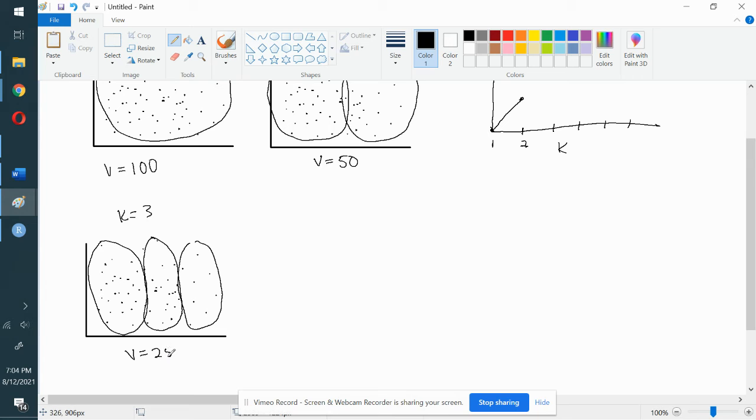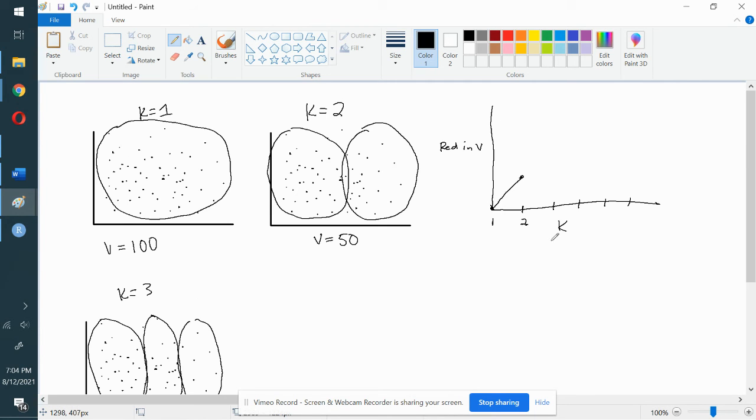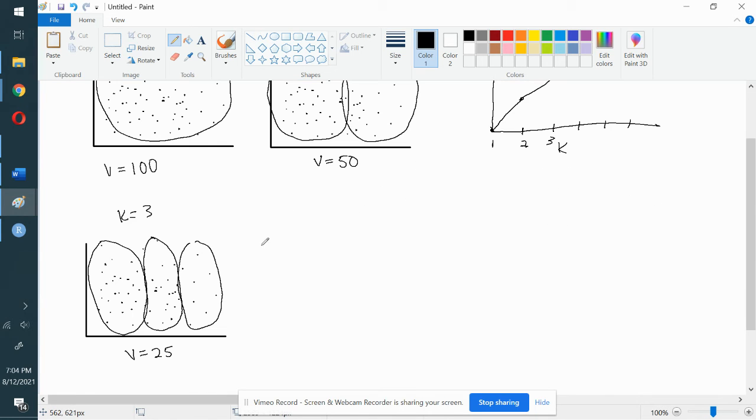And let's say we reduce by 25. So going back up here to this elbow plot for k equals 3, we see that there's still a pretty significant reduction, going from 2 clusters to 3 clusters. So from that, you can say, yeah, we probably want to have at least 3 clusters.